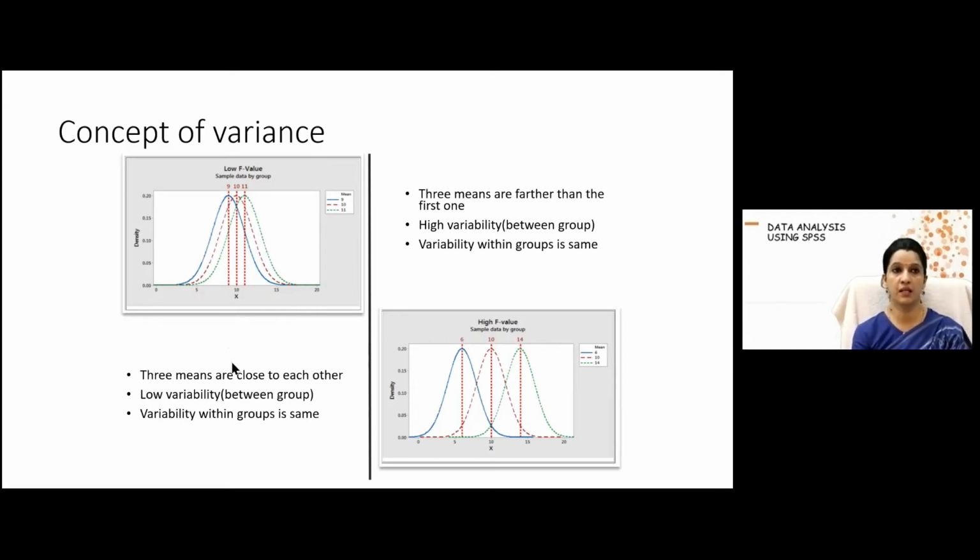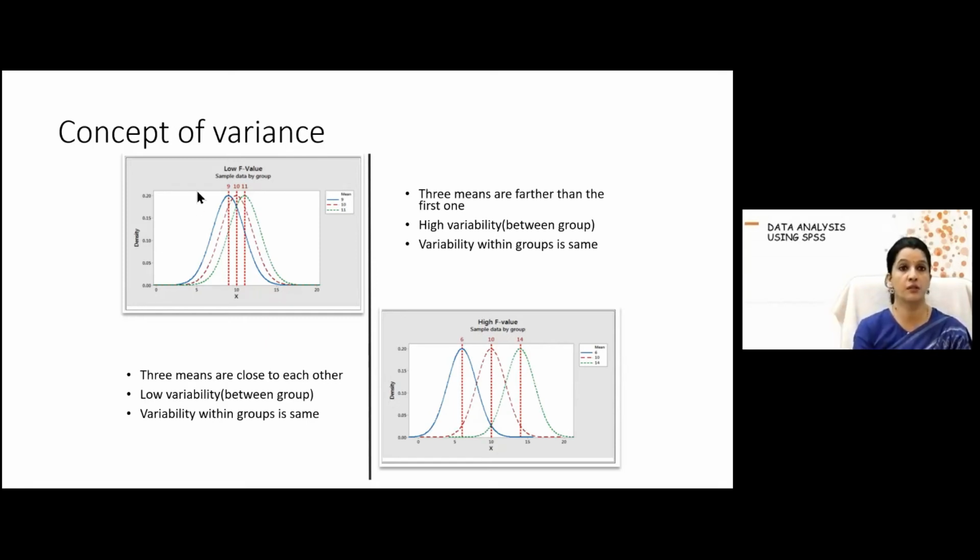The three means are close to each other, so there is low variability between the groups, but the variability within the group is the same. If you see the height and everything, all the bell-shaped curves are the same. So the variability between groups is low, but the variability within the group is the same for these three.